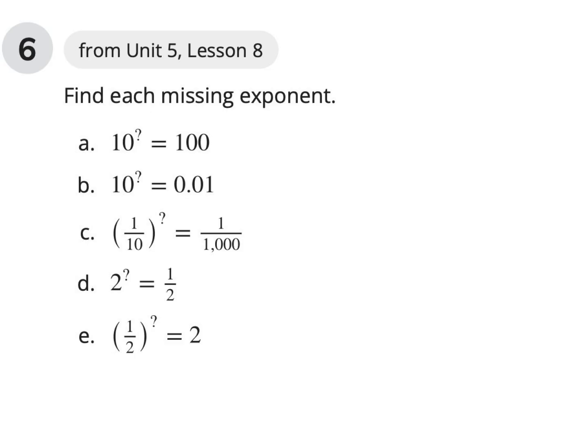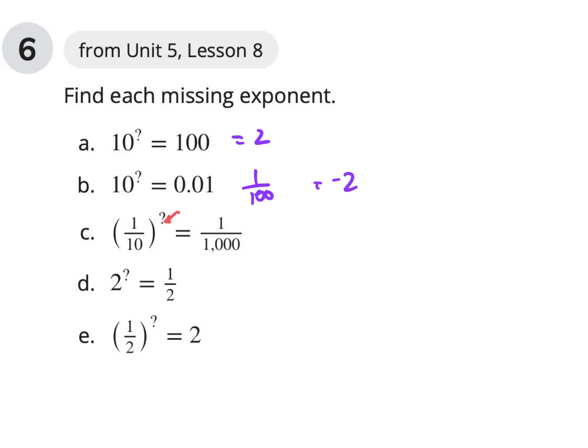Okay, find the missing exponent. So that's 2, because 10 squared is 100. Now 0.01 is 1/100th. So the question mark equals -2, because 10 to the -2, you flip it upside down. Now this is already a fraction.